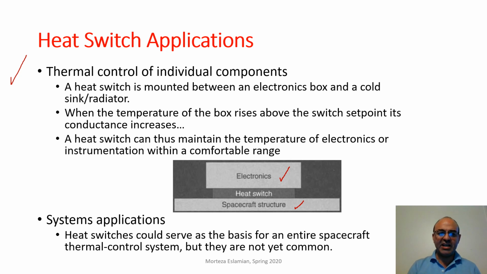It can be used at the system level as well. Heat switches could serve as the basis for an entire spacecraft thermal control system, but they are not yet common. They may be used for individual components, for most of the components, or for the entire spacecraft.